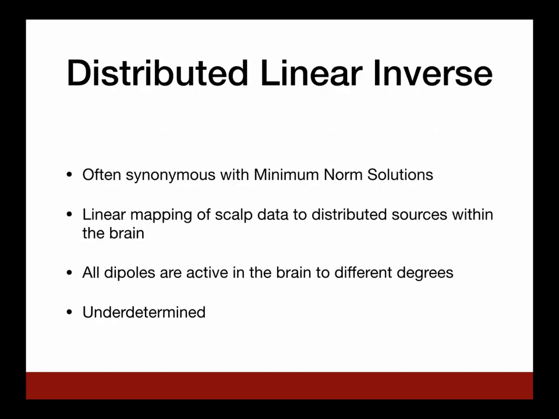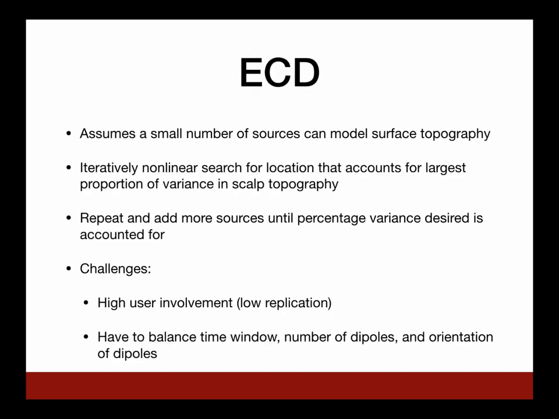This method tends to have really high user involvement and low replication, and you have to balance the fact that unlike fMRI, we're dealing with millisecond accuracy. So these sources can change from millisecond to millisecond. Over the course of a 250 millisecond window or 1 second window, you could have a set of dipoles for every single millisecond of that time. Even if you're averaging over 5-millisecond bins, you still have a huge number of possible source models that you might have to deal with over that time.